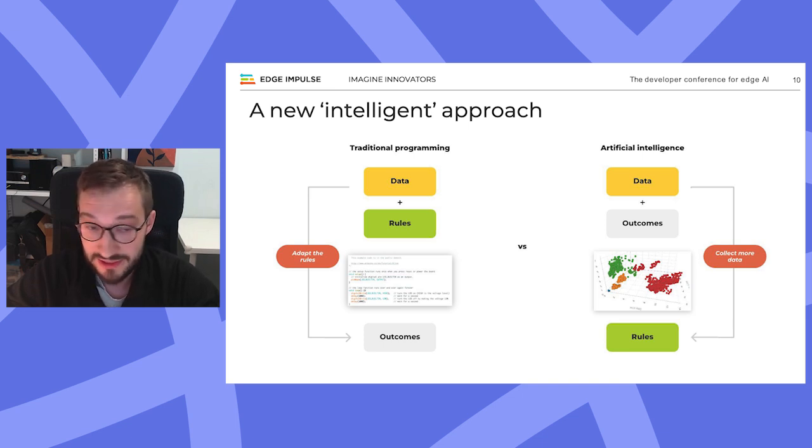It works nice and still works nice for a lot of devices and a broad range of use cases. But now with artificial intelligence, we can make things go around and work for us. So now we have data and we have desired outcomes, and we can make intelligent.